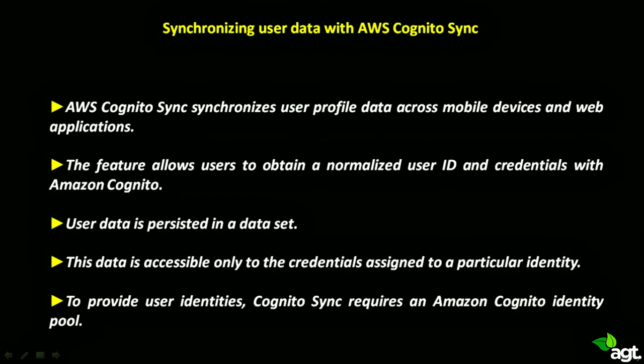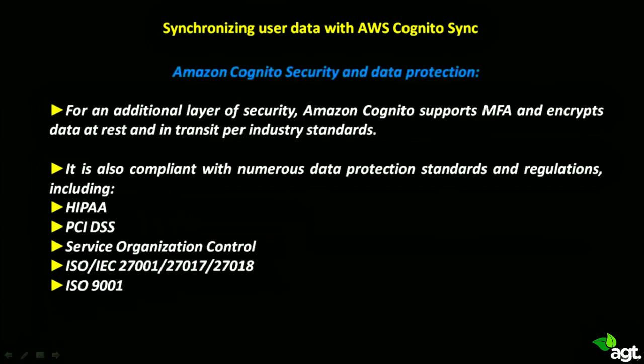The latter makes data available even if a device itself is offline, and user data is persisted in a dataset, and this data is accessible only to the credentials assigned to your particular identity. To provide user identities, Cognito Sync requires an Amazon Cognito identity pool, and therefore to use Amazon Cognito Sync, an organization needs to first set up an identity pool.